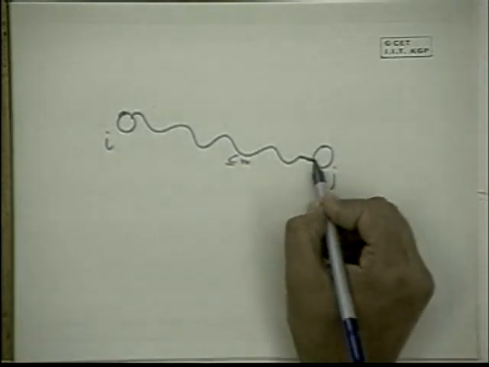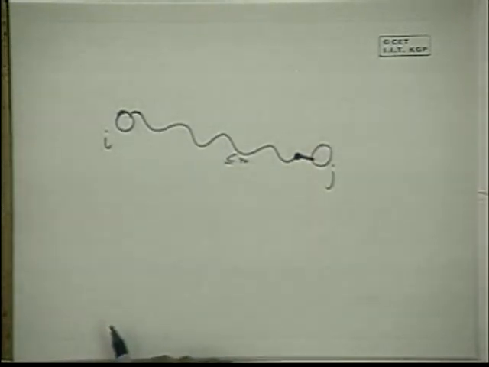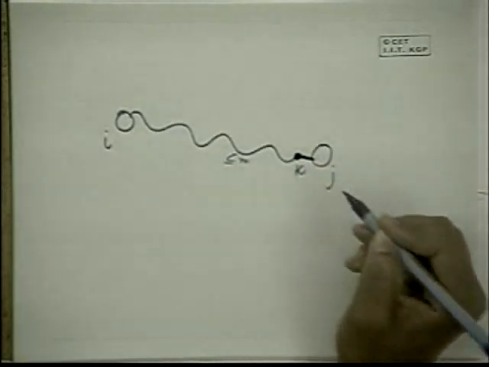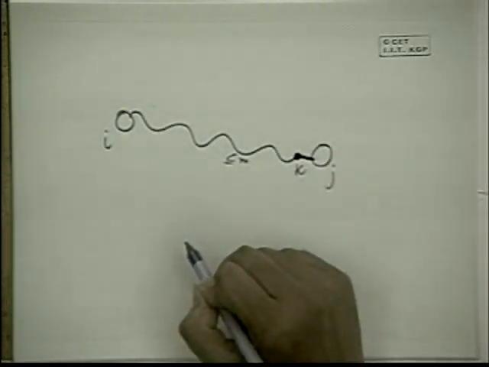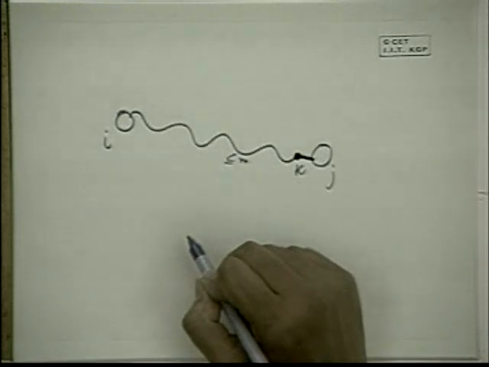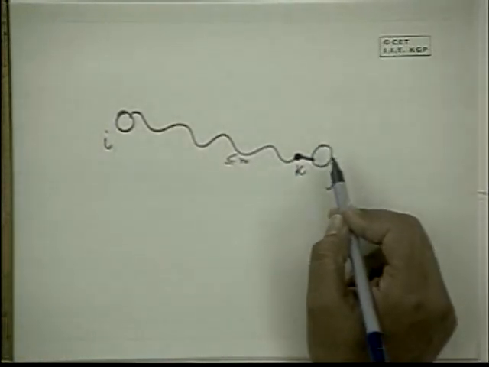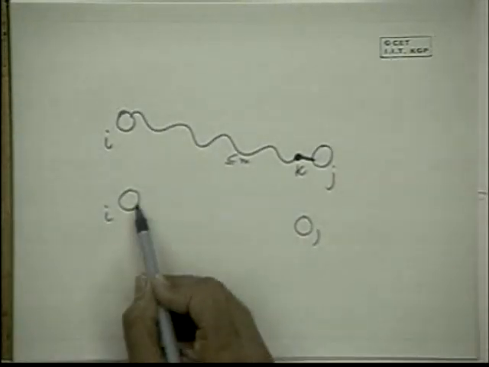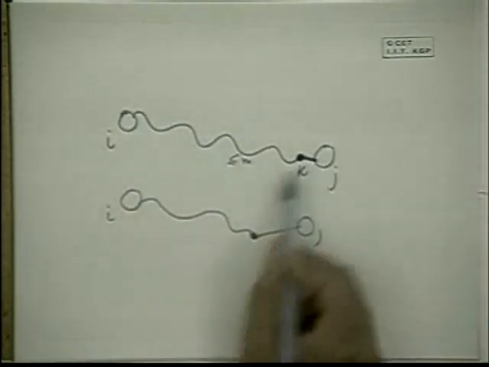Now look at the last stage before reaching j. This vertex is the vertex k. This k can be anything between 1 to n, because all the vertices are indexed between 1 to n. So this last vertex k must be one of the vertices from 1 to n. So you take the weight from i to j going through each k then to j, and this must be the least among all of them.